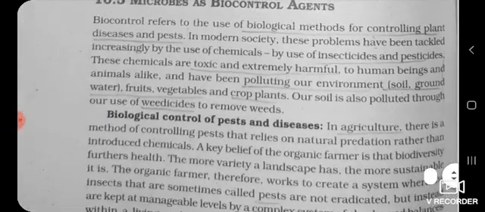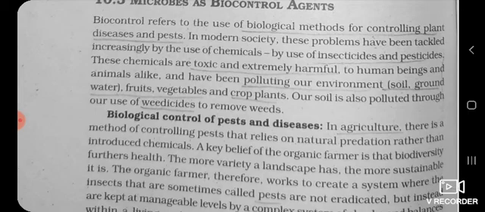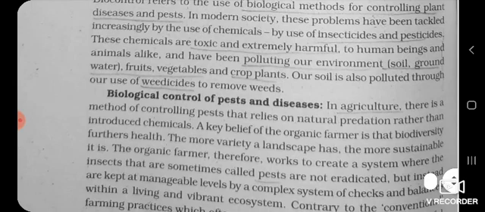So there are very hazardous effects of these chemicals on our surrounding, because they are not only toxic to the human being, but also the animals like us get damaged by these chemicals, as well as it causes the pollution of environment, that is soil pollution, ground pollution, underground water pollution, and it also damages the fruits, vegetables and crop plant.